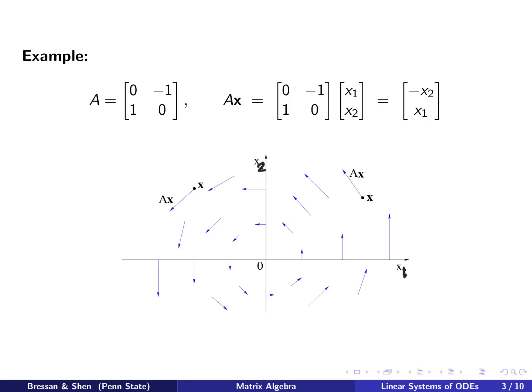We can, for example, take some points along the x1 axis. Let's say this point is (1, 0). And then what is A times x? We see that x1 is 1, x2 is 0, so it's (0, 1), therefore a vector pointing upwards.